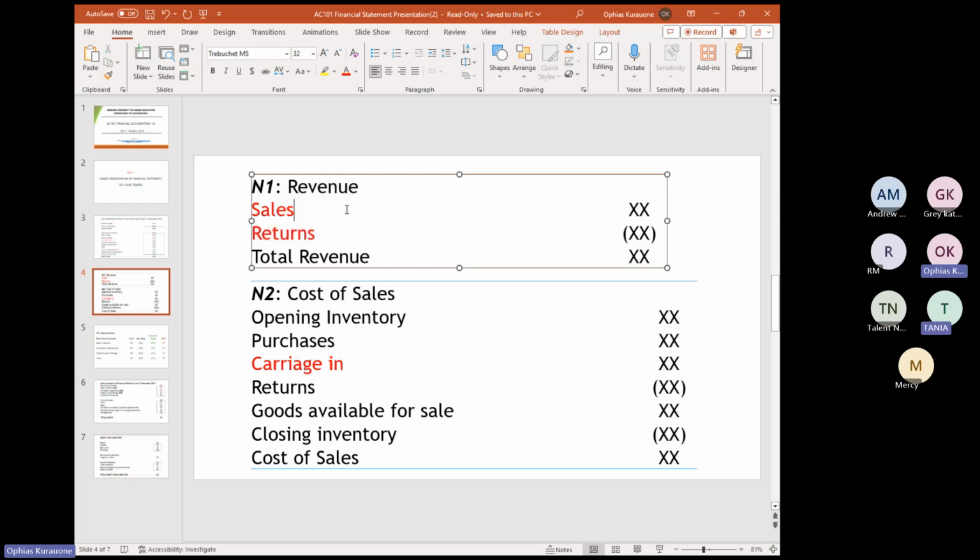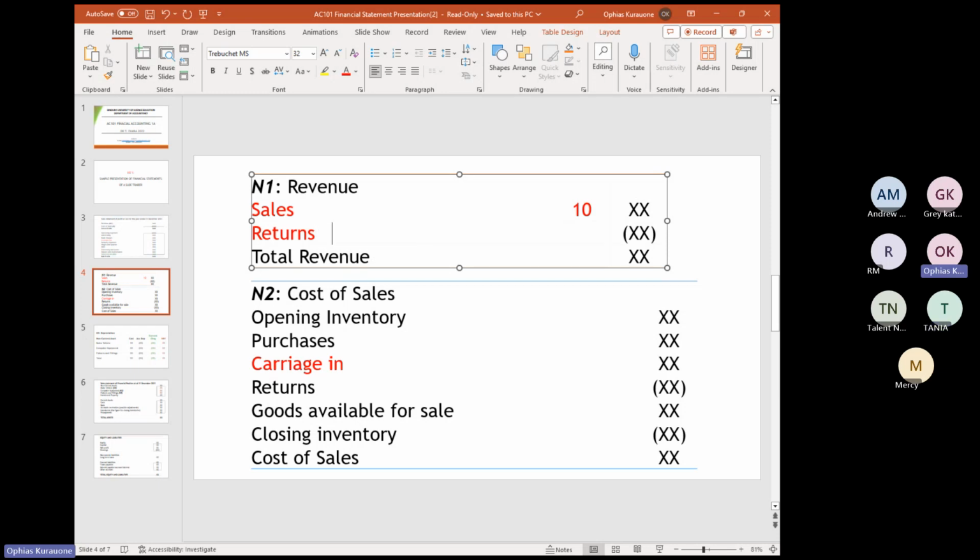Let's say our sales were 10 here. Toki sold 10 cell phones.